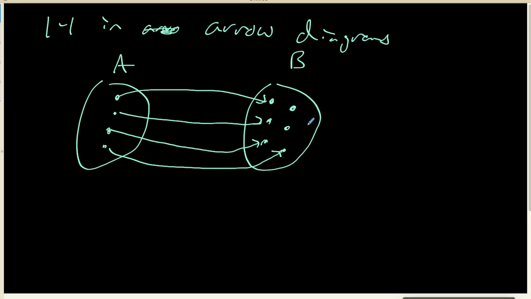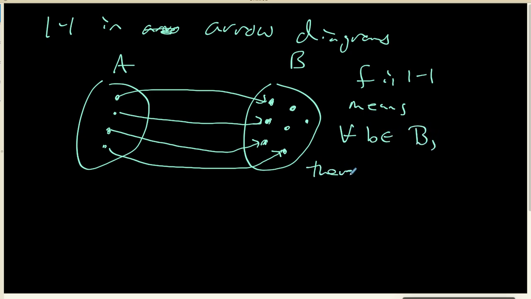Now, set B could actually have some things that did not get covered. So in an arrow diagram, f is one-to-one means for every element inside the target set B, there is no more than one incoming arrow.